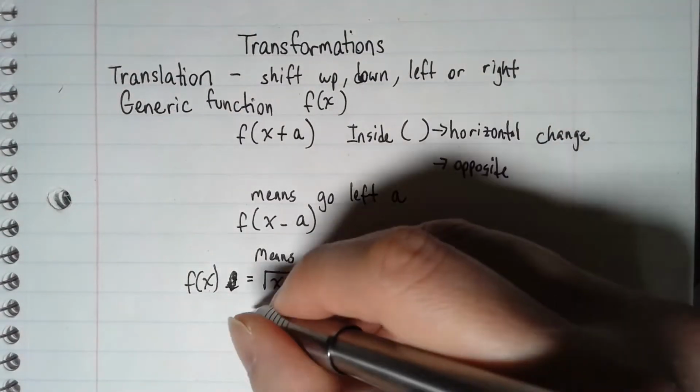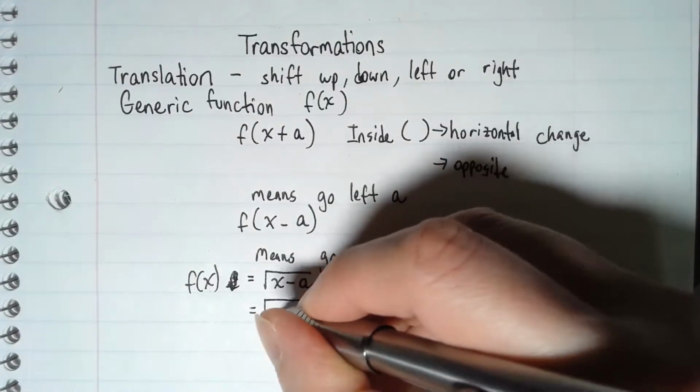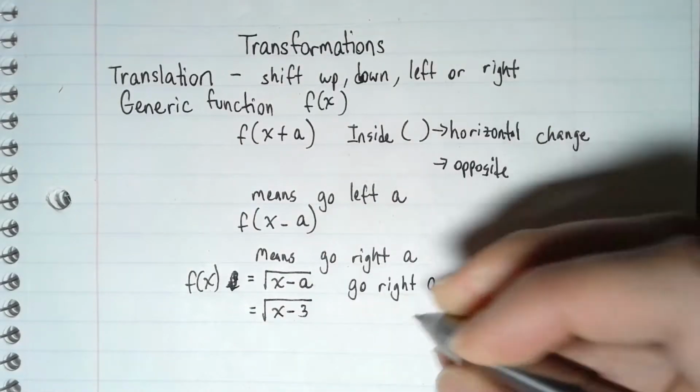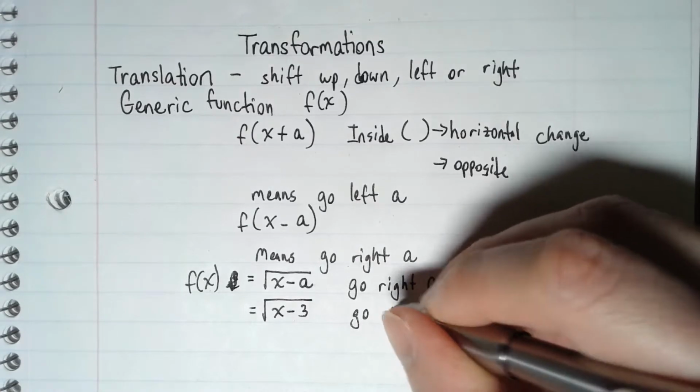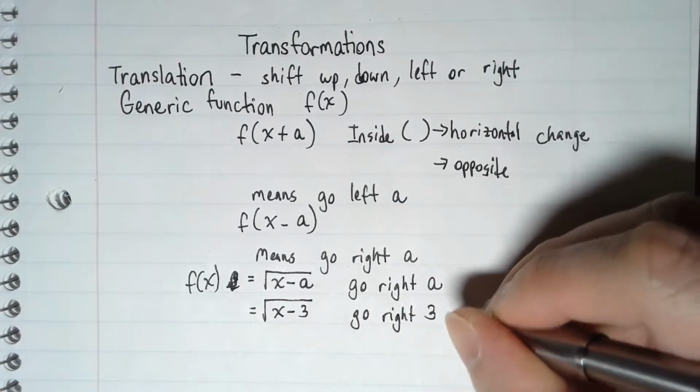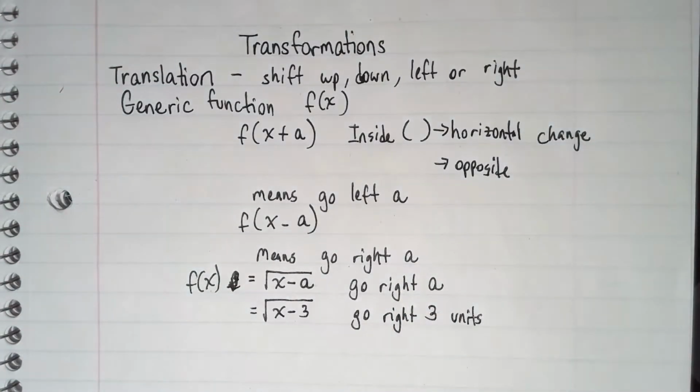If you want a more specific example than that, we can say x minus 3, which means go right 3 units. And that's how you know you have a left and right for a translation.